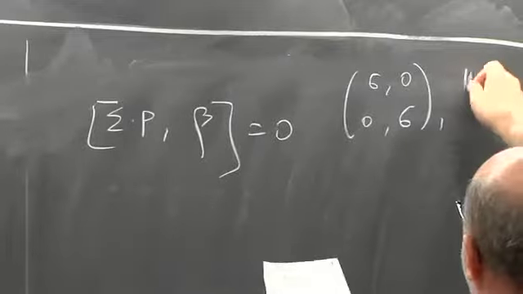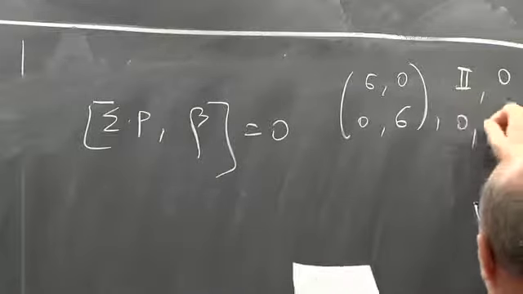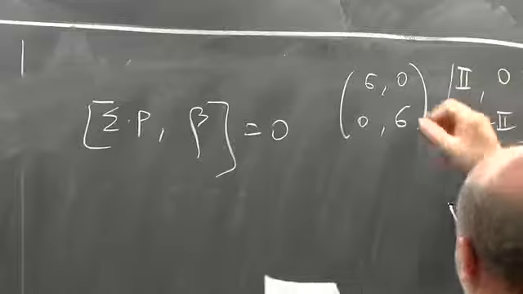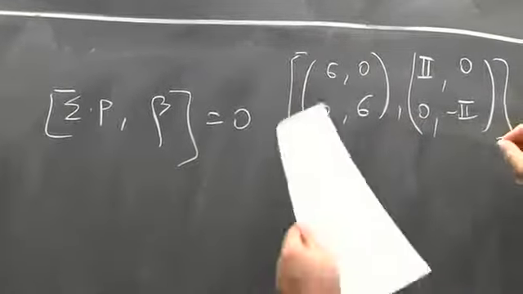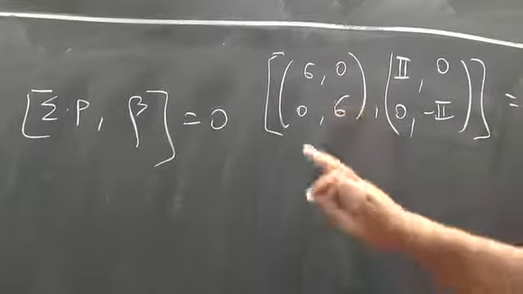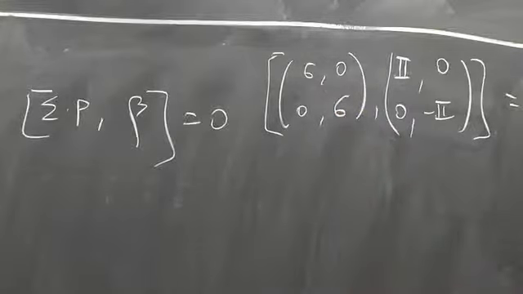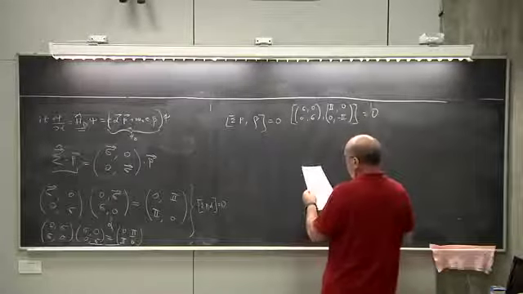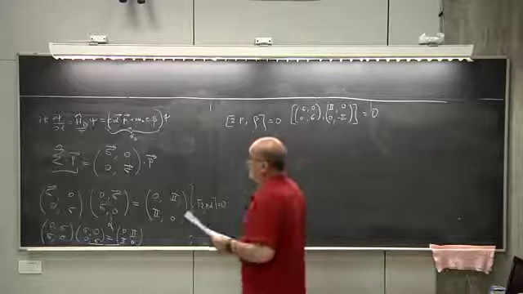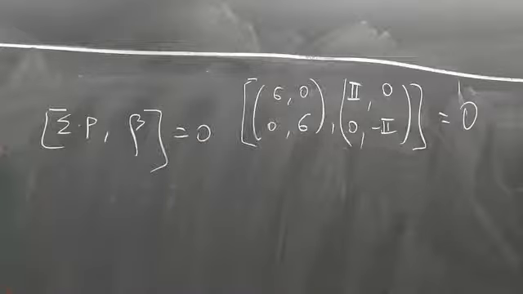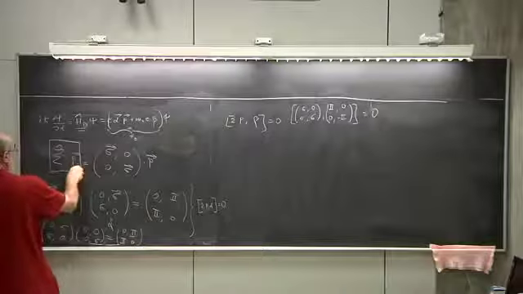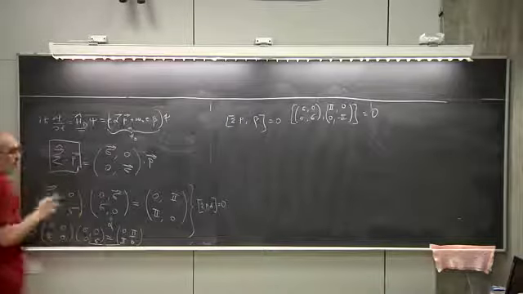Then we have to put the beta. The beta is 1, 0, 0, minus 1. Let's do the commutator, and here it is easy to see, remembering that now it is 2 by 2, that this is 0.